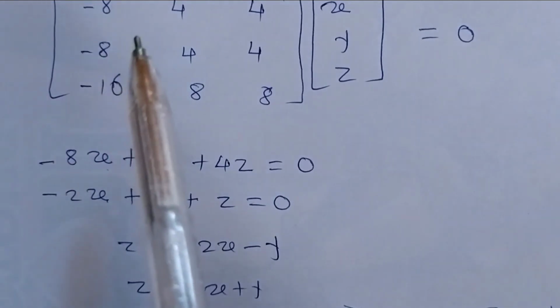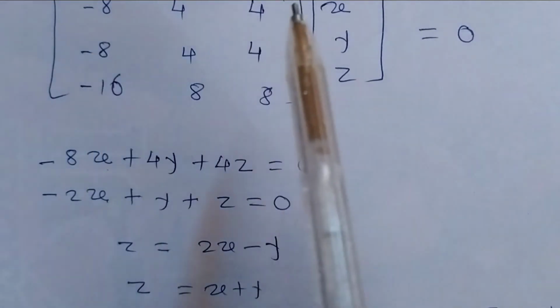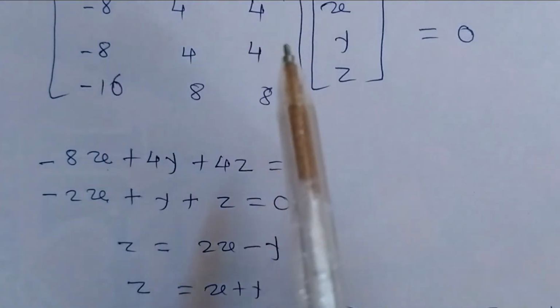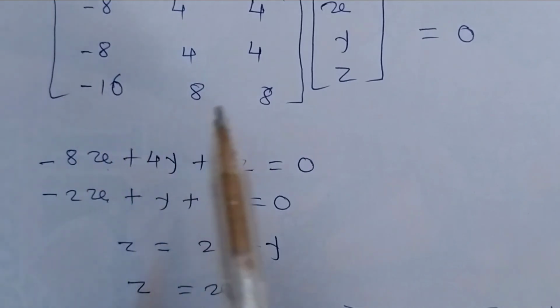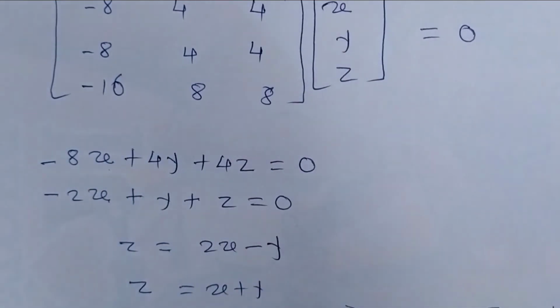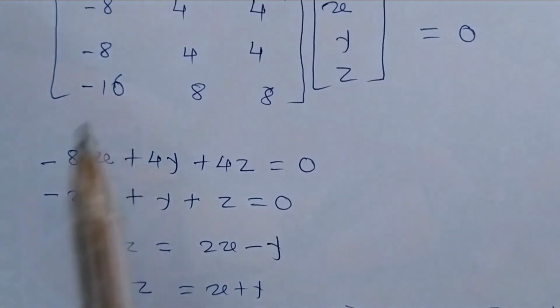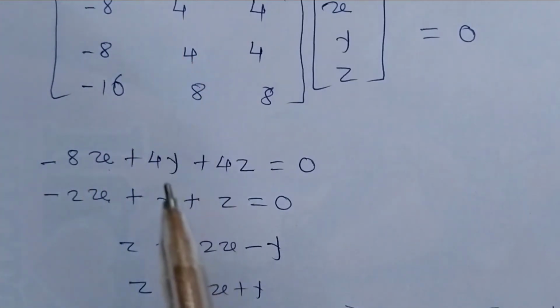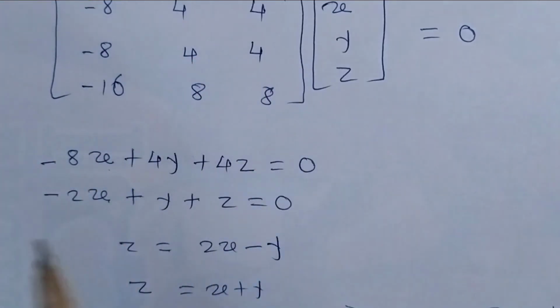So this matrix is minus 8 4 4, minus 8 4 4, minus 16 8 8, times x y z, equal to 0. So the equation is minus 8x plus 4y plus 4z is equal to 0, that is minus 2x plus y plus z is equal to 0.